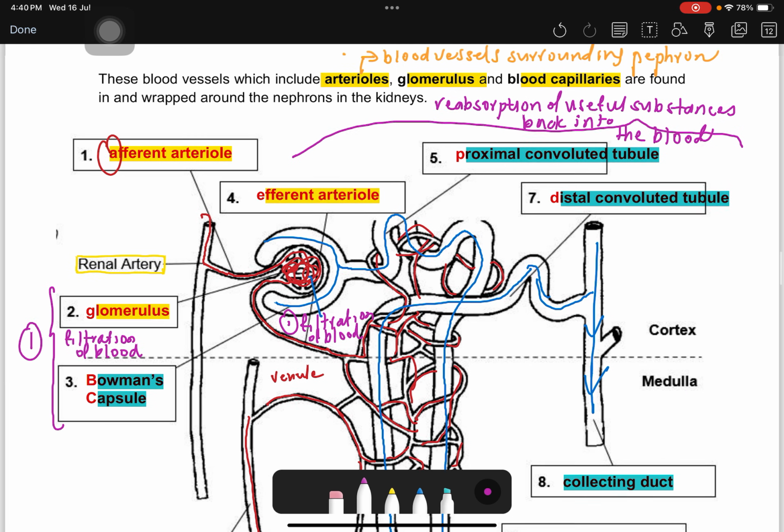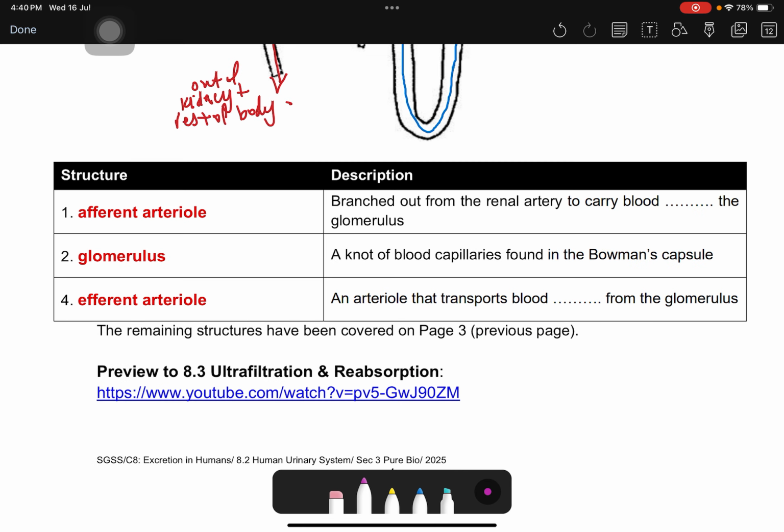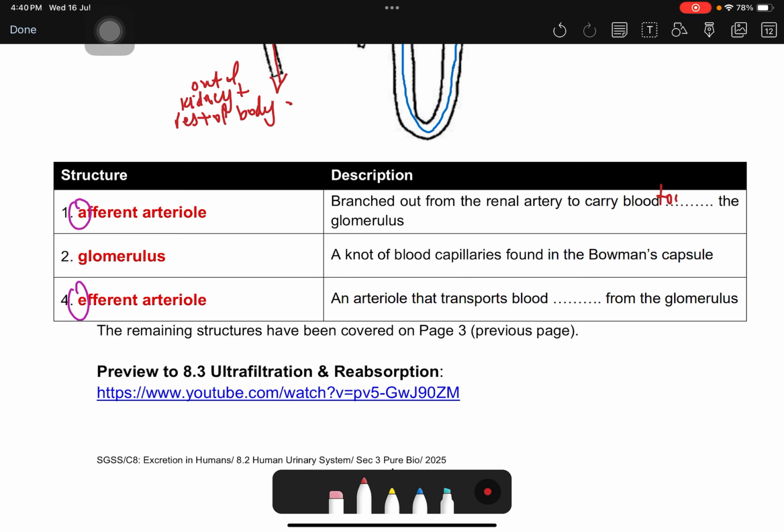Okay, so let's put this down into our notes first. So the afferent arteriole, how do I remember which one comes first? A comes before E. So the afferent arteriole will first branch out from the renal artery to carry blood towards the glomerulus. The glomerulus is actually a complex web, just blood capillaries all knotted up, found within the Bowman's capsule.